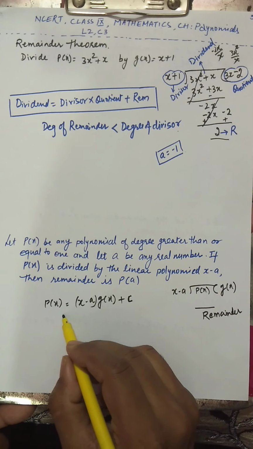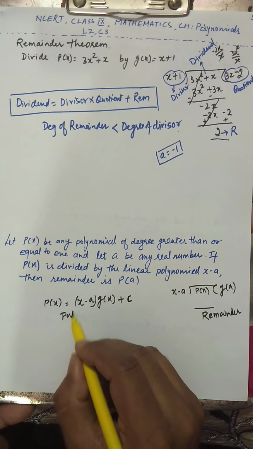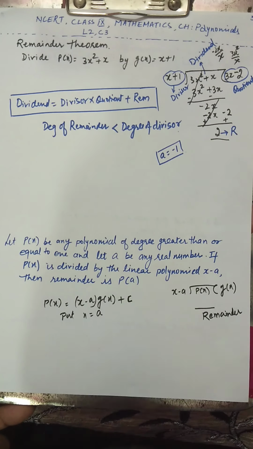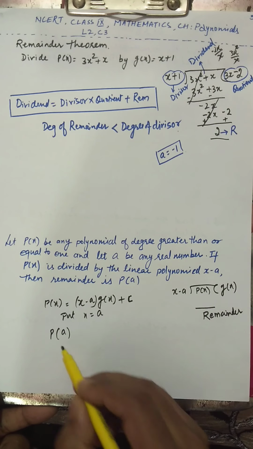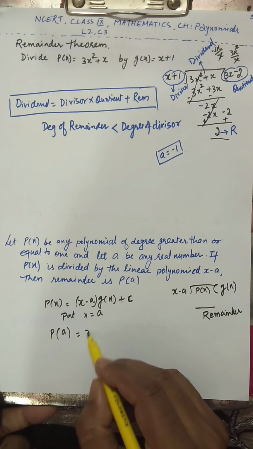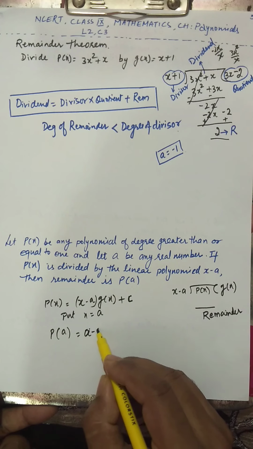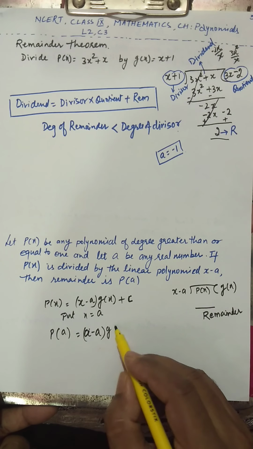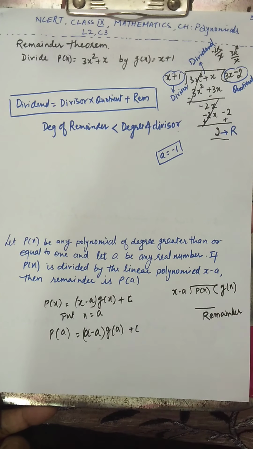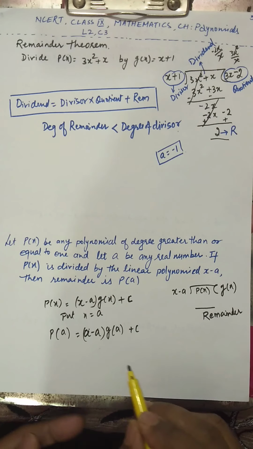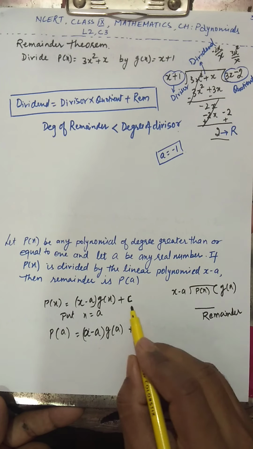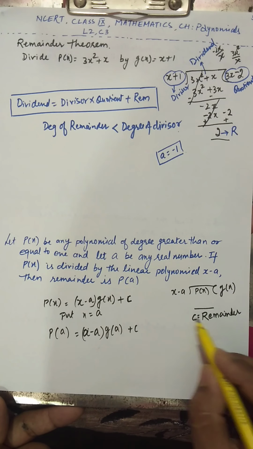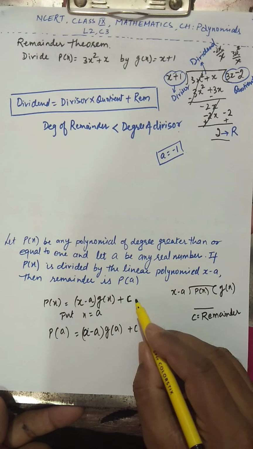So this is the relationship that you have seen above also. Now, in particular, if I put x equal to a, you see what happens. It will be p(a) equals a minus a into g(a) plus c. You should understand that here c is your remainder in that particular example.